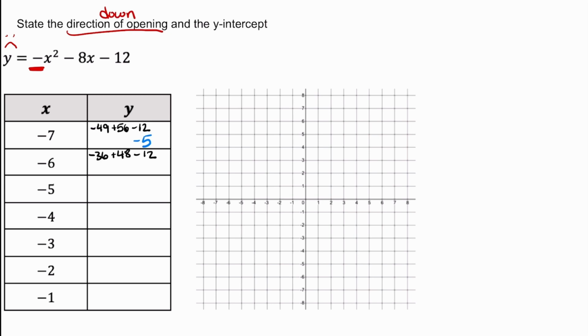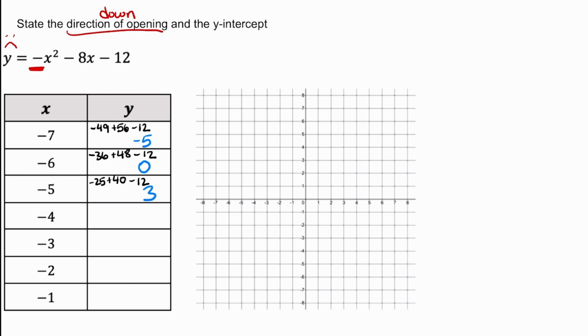So if we add all of those together, we get 0. Then we have -5 squared is 25, times -1 is -25. -5 times -8 is 40, minus 12, that's going to be 3.